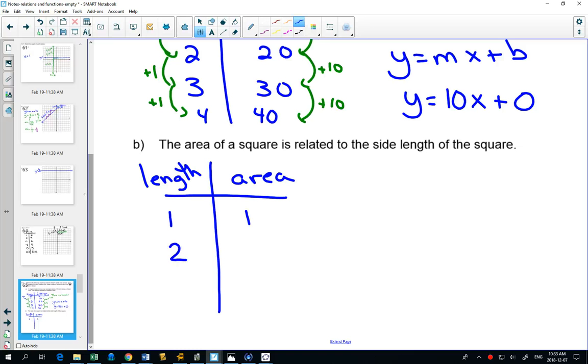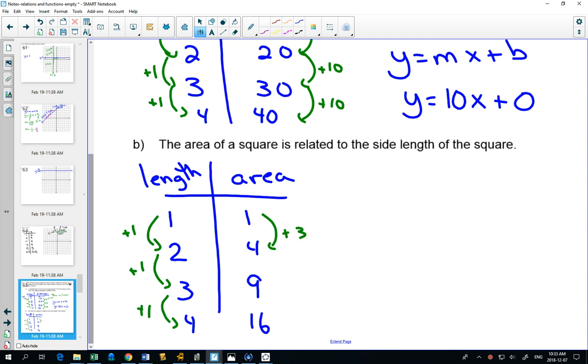The length of the side is 2. 4. The length of the side is 3. 9. 4. 16. So here we're going up by 1s. And here we went up by 3, then up by 5, then up by 7. Is this linear? No.